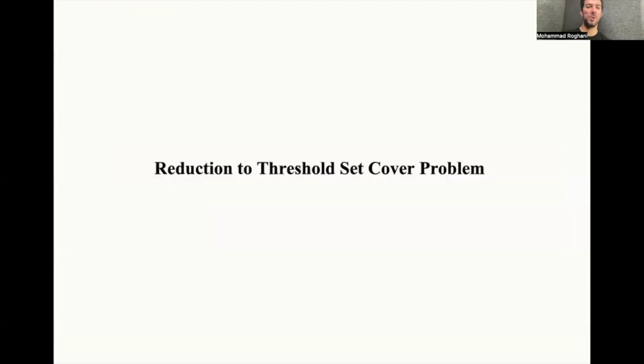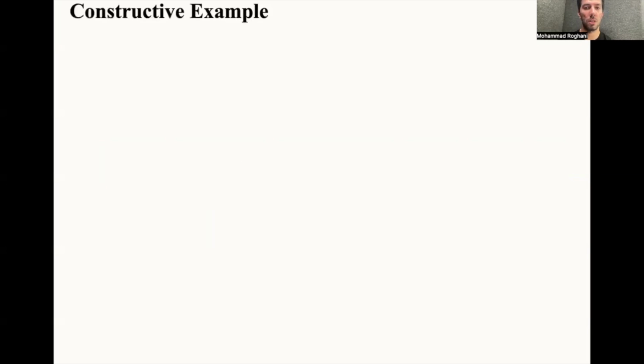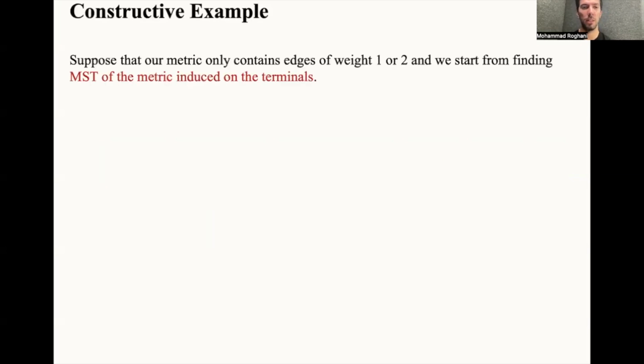So now I'm going to define another problem, which is called the threshold set cover problem, to which we reduce the Steiner tree problem. Consider this example. Suppose that the input metric only contains edges of weight 1 and 2.